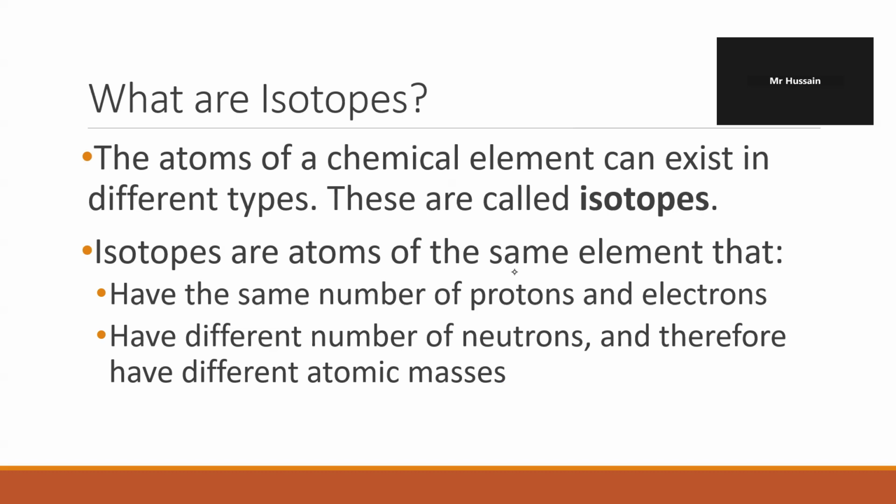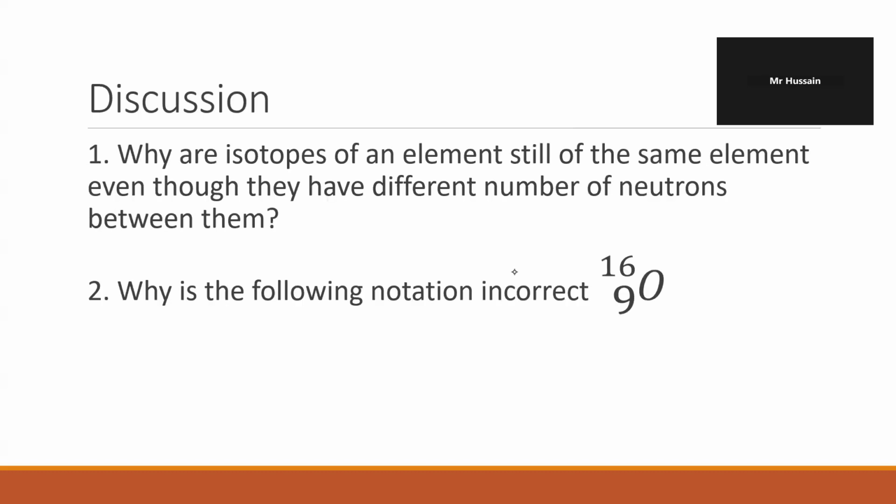Isotopes are atoms of the same element that have the same number of protons and electrons, but they have a different number of neutrons, and therefore they have different atomic mass. Discussion question number 1: Why are isotopes of an element still of the same element even though they have a different number of neutrons between them?